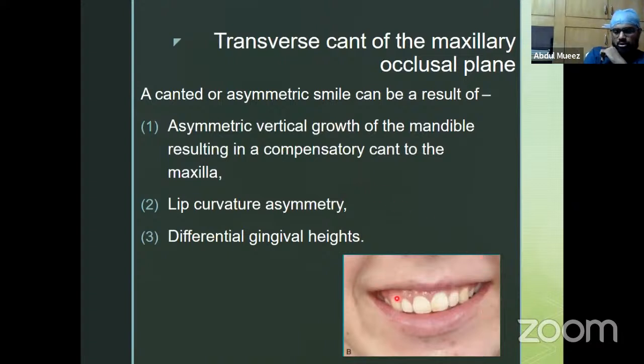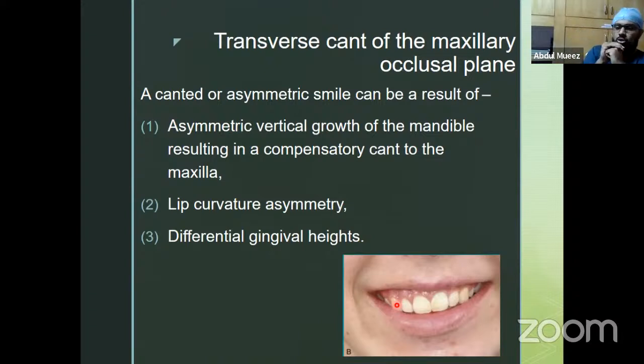It can be because the whole of the maxilla itself is positioned in this way, or it can be because the curvature of the gums itself is on one side, because the teeth were positioned in such a way that the curvature of the incisor itself has gone, so it looks very prominent. As a result, it looks like the occlusion is canted.